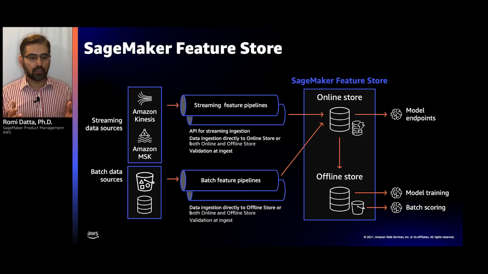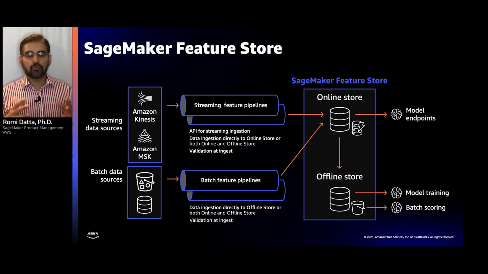When you create a feature group, you can create it as online only or offline only or online plus offline, which is the one we will use for the rest of this presentation.